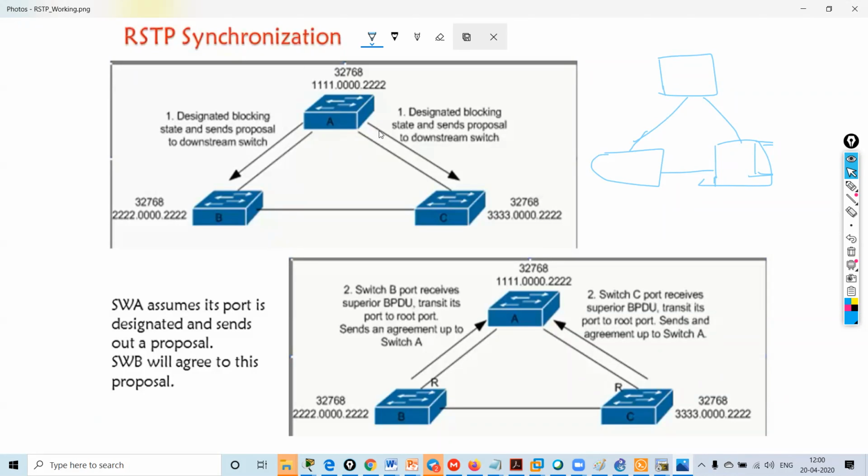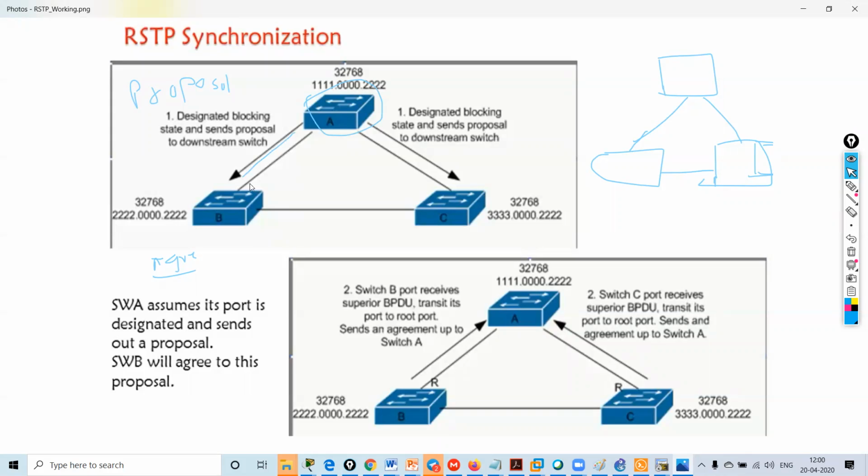Now what will happen in this scenario? RSTP works on the process of proposal and agreement. Suppose switch A assigns itself as the root bridge.